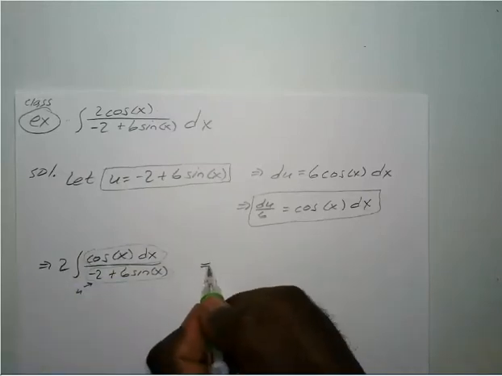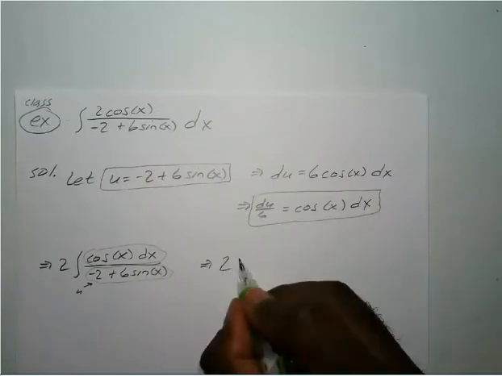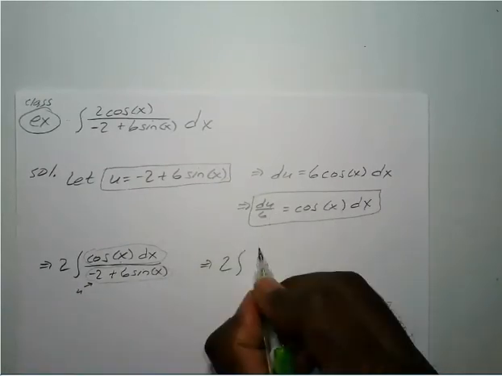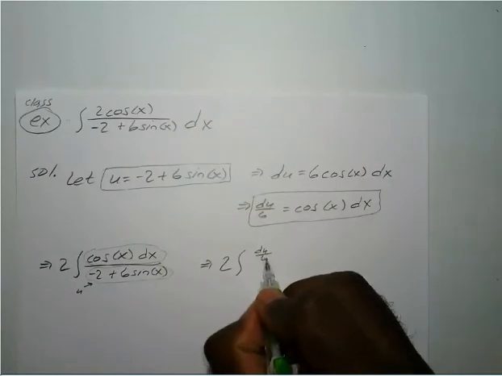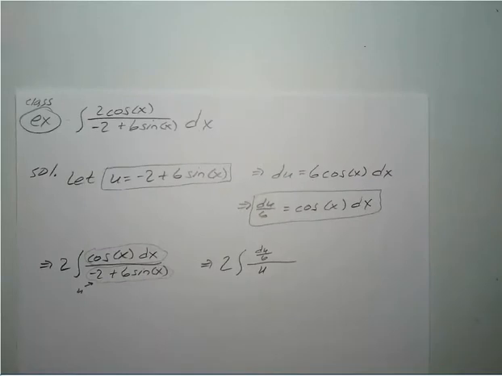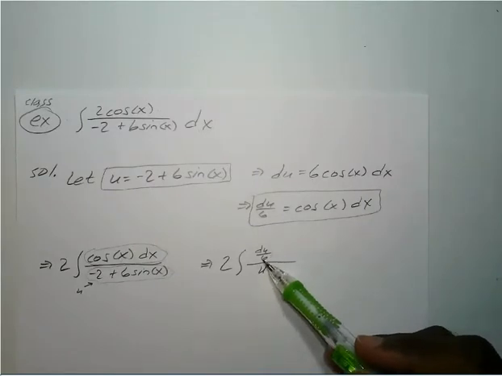So we're going to rewrite it. We have 2 times the integral of du over 6 divided by your u. This is just like saying du times 1 over 6, so we can factor out that 1 over 6.